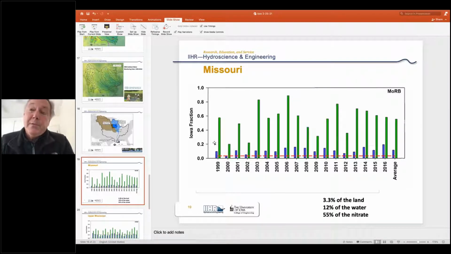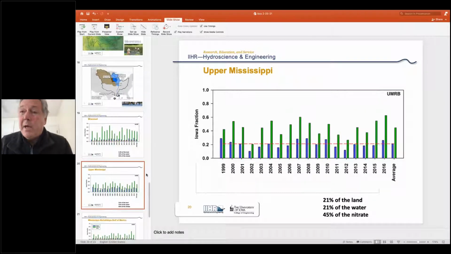Some years the Missouri River would really have almost no nitrate were it not for the contribution from Iowa. The upper Mississippi River, you can see there we have 21% of the land. We contribute 21% of the water, but 45% of the nitrate.